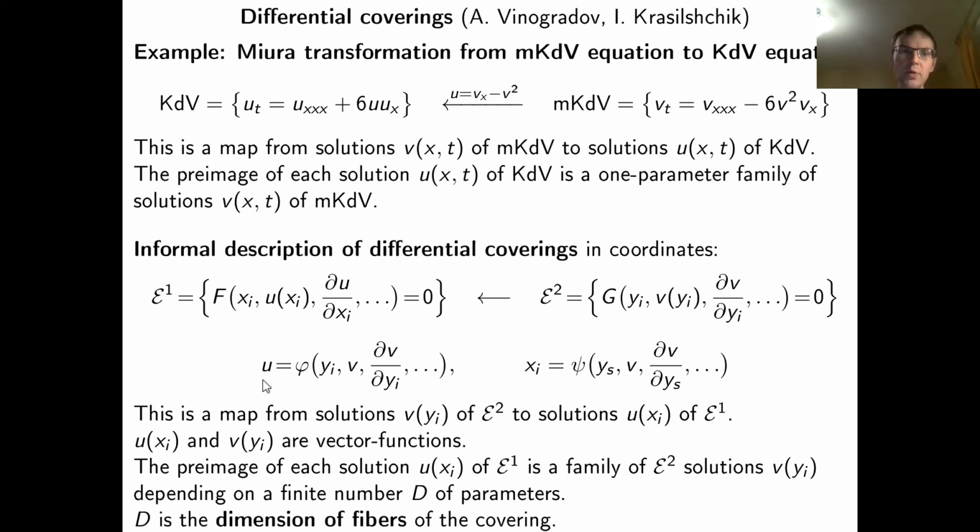Each of these is a vector equation. And this system of equations has a family of solutions depending on a finite number D of parameters. All right, so this is a differential covering in coordinates.